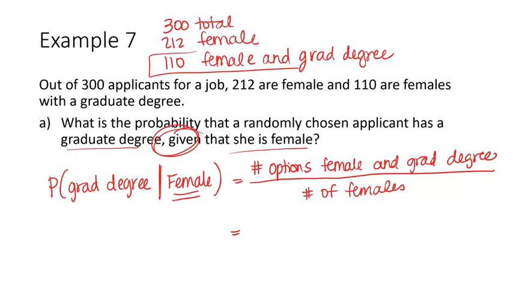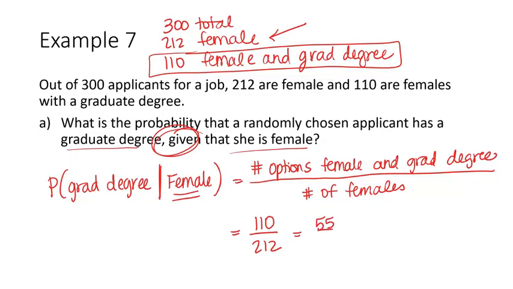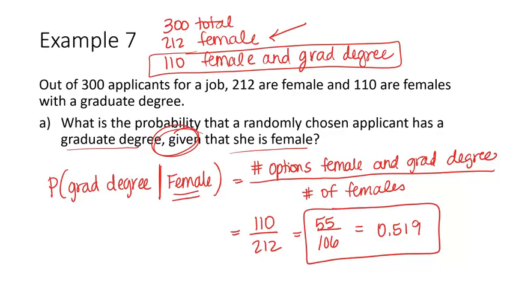So female and grad degree, there's 110 out of the females I've already focused on. We can reduce that by 2 to get 55 out of 106, or as a decimal, 0.519. So in this conditional probability, it basically says that the given is my new total.